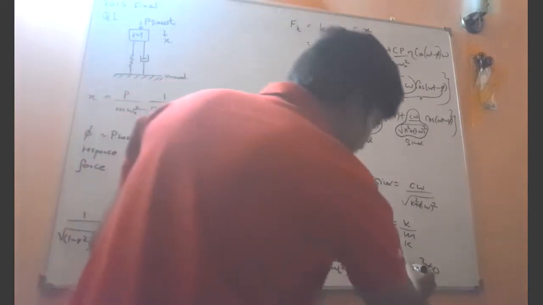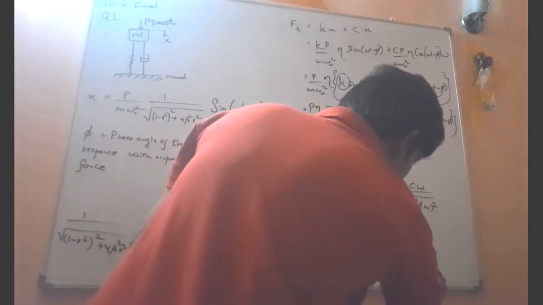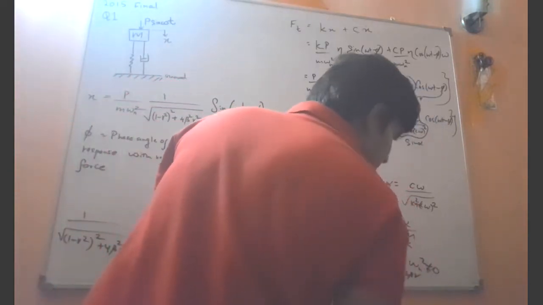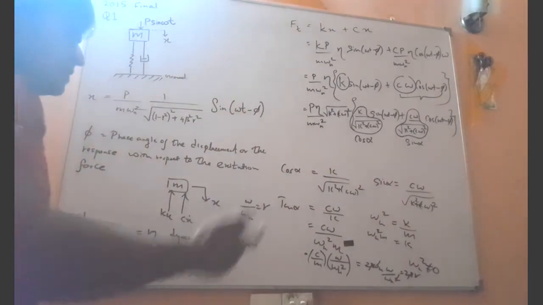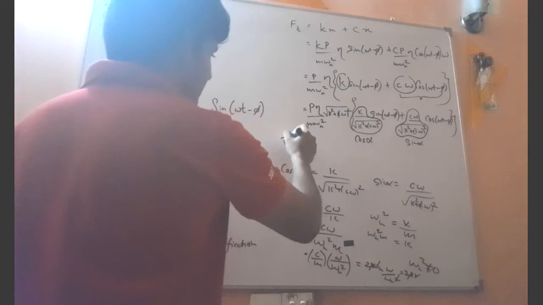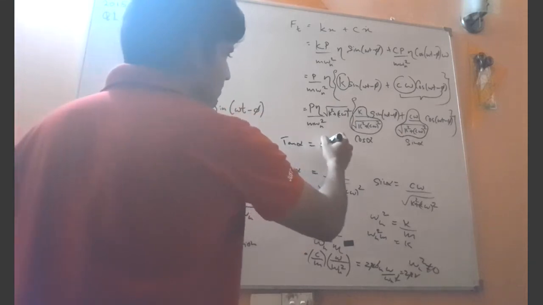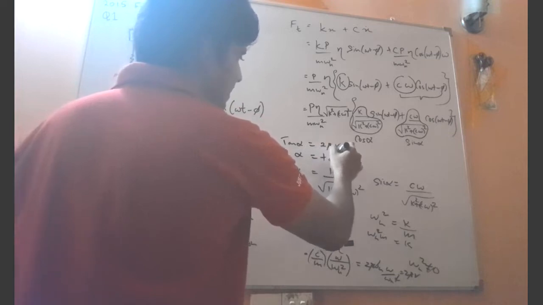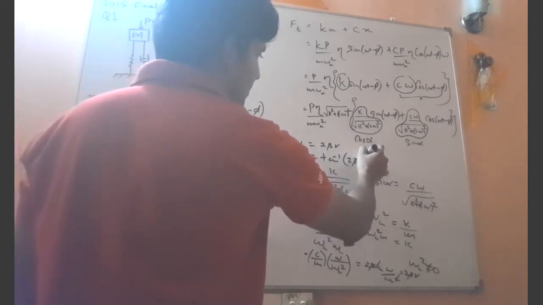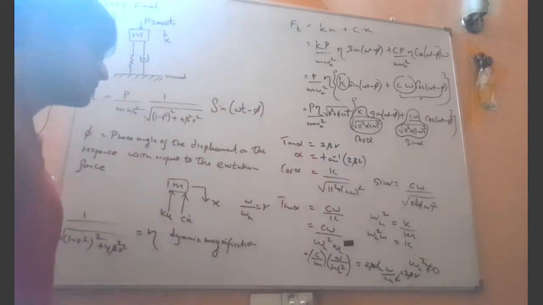So that equals 2 beta r. That relationship is now obtained. Generally we say tan alpha equals 2 beta r, that means alpha equals tan inverse of 2 beta r. It's a very simple relationship.